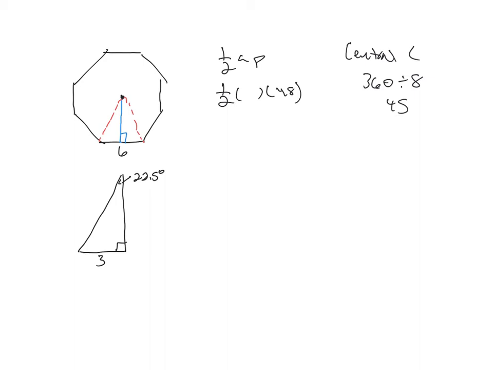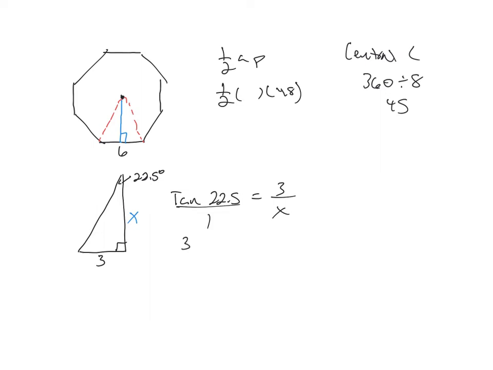And I'm trying to figure out that. So in this problem, there's no special right triangle or anything. I have to use sine, cosine, tangent. So I have 22.5. So what sides do I have? I have opposite and adjacent. So that's tangent of 22.5 equals the opposite is 3 over x.